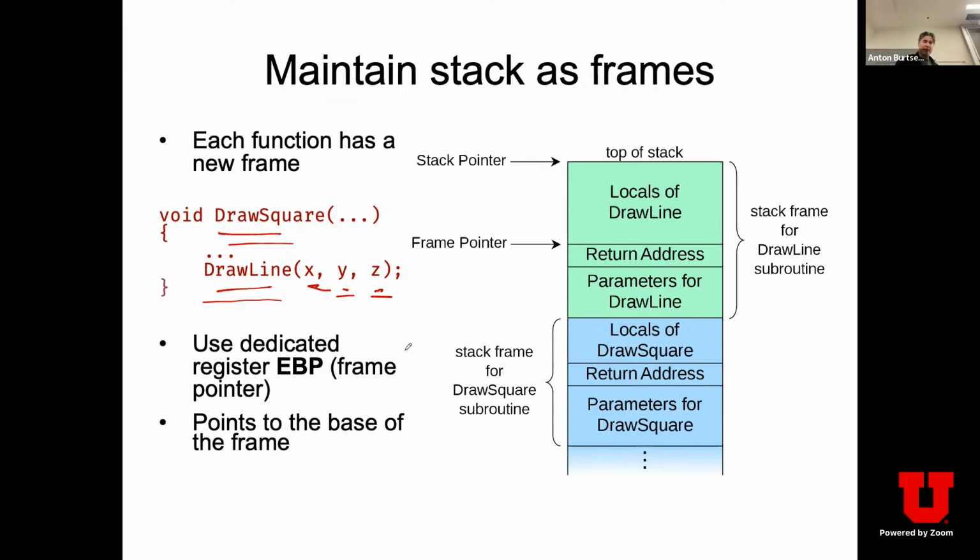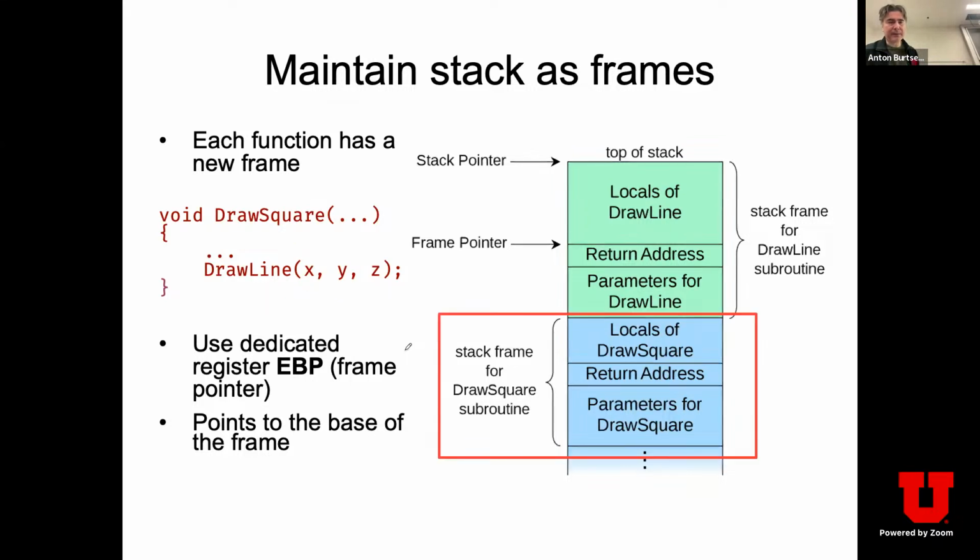And so the compiler will follow the following convention. It will say, okay, I will maintain something called a stack frame, and I will use the frame register, this base pointer, which points to the frame. And essentially, when we have a function draw square, this area of the stack, which is blue here, is called the stack frame for the draw square function.